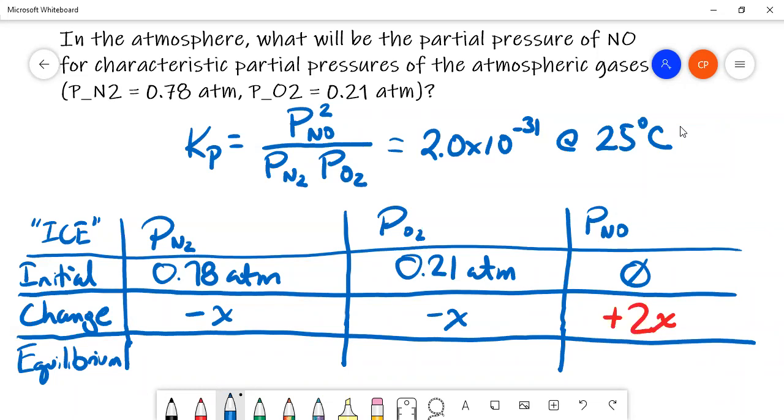Once again, if we don't get those coefficients in the initial chemical equation right, if we don't have a balanced chemical equation, everything else is falling apart. Okay? So that's where my expressions at equilibrium are coming from. 0.78 minus x for N2. 0.21 minus x for O2. 2x for NO.